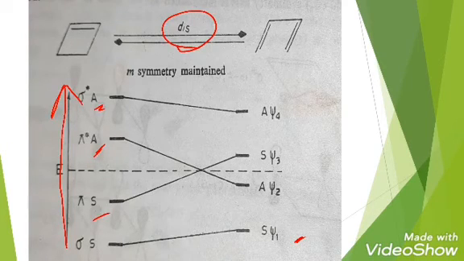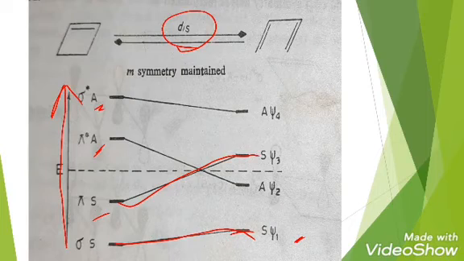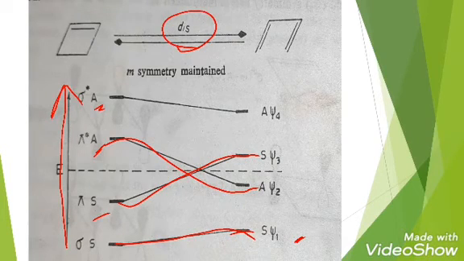Now correlate the reactant orbitals to product orbitals. The sigma orbital correlates with the psi1 orbital with respect to the mirror plane, and the pi orbital correlates with the psi3 orbital instead of psi2, and the pi star orbital correlates with psi2 instead of psi3. So here the first excited state of molecular orbitals correlates with the first excited state orbitals of the product.